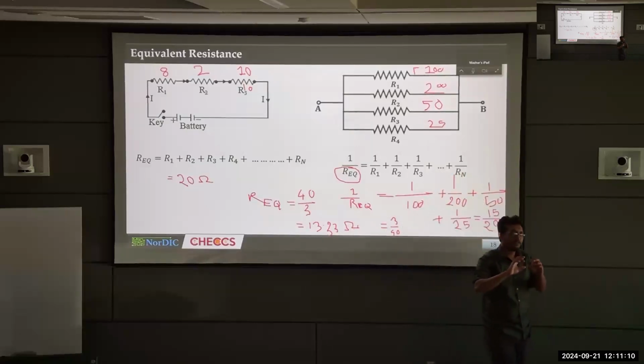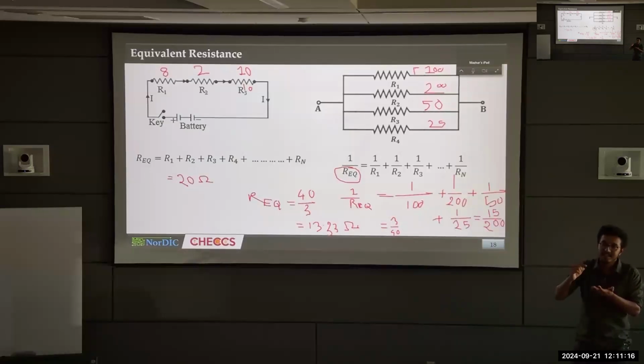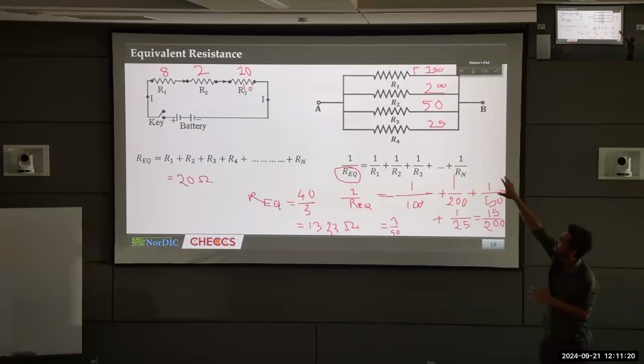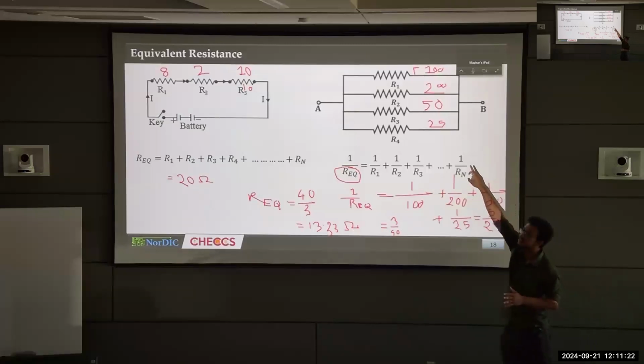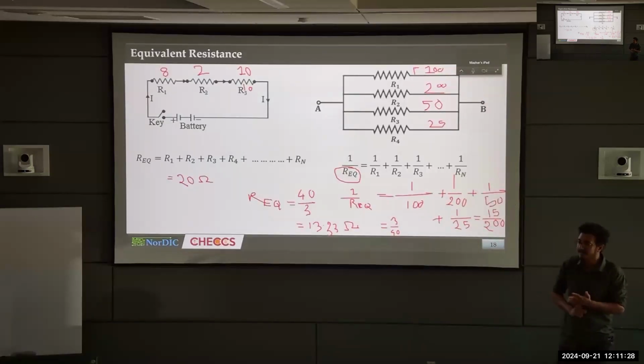So if I give you any circuit to calculate an equivalent resistance, when you get the result, check it. If you see that your equivalent resistance in a parallel assembly is bigger than any one of those, you are definitely wrong. Your equivalent resistance in a parallel connection will always be lower than the lowest of them.